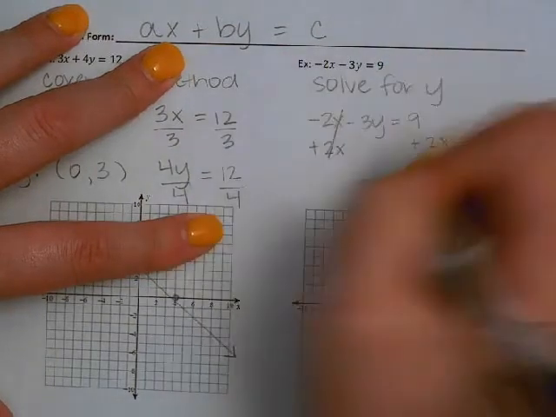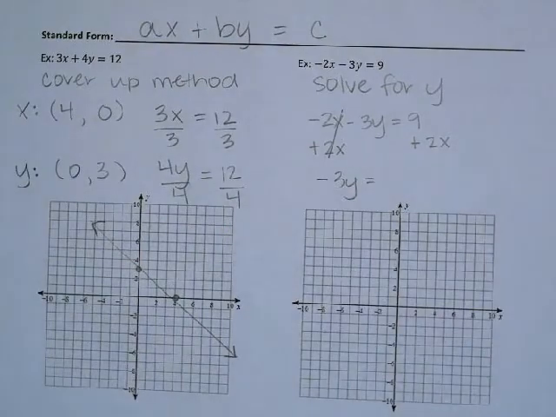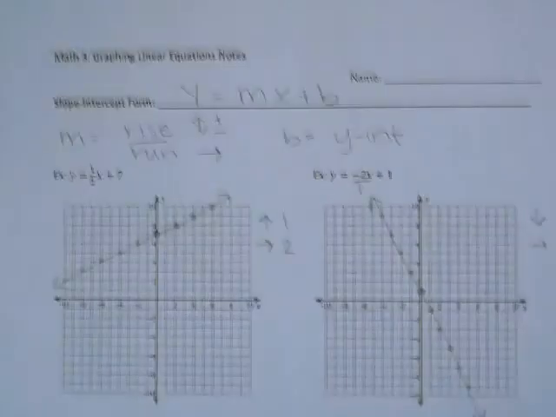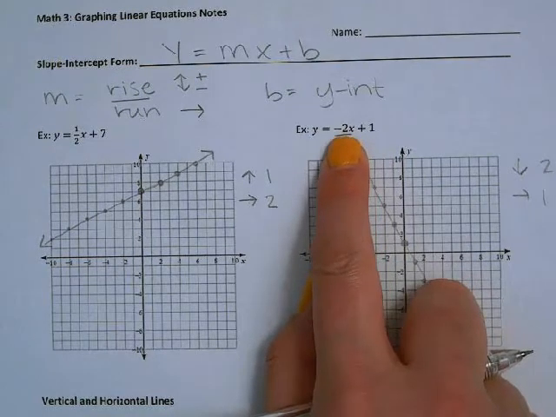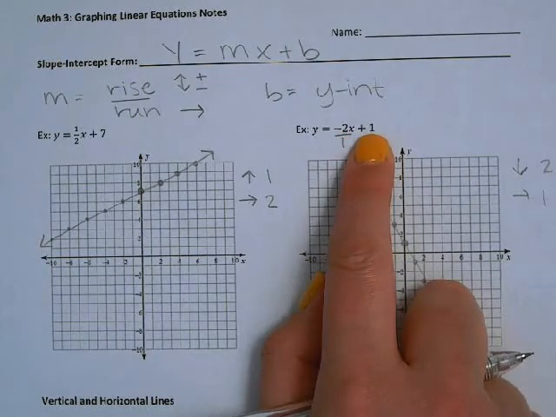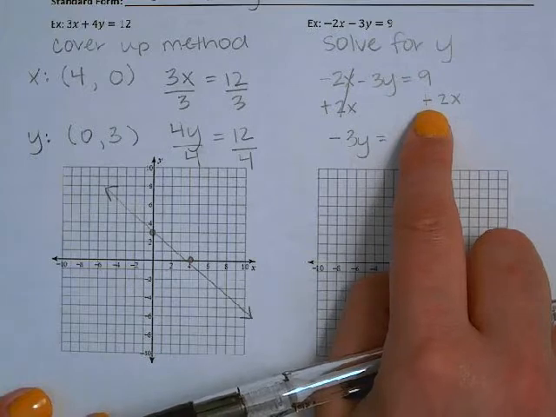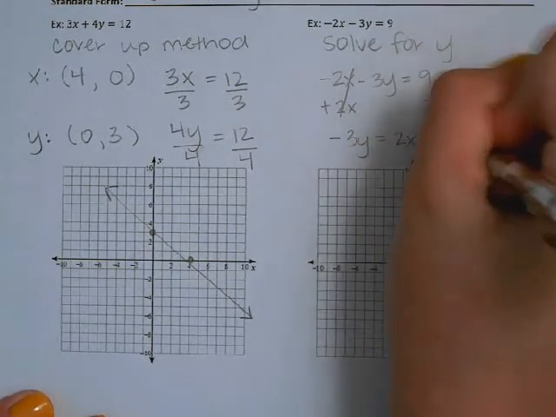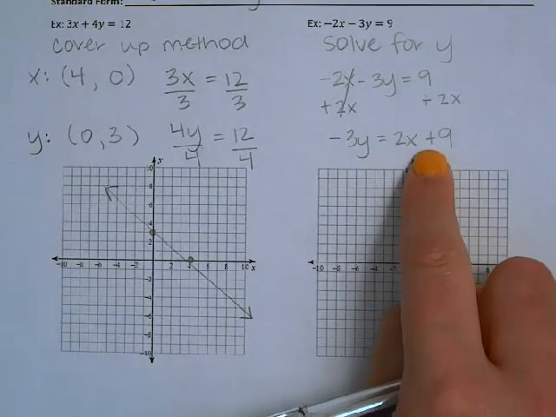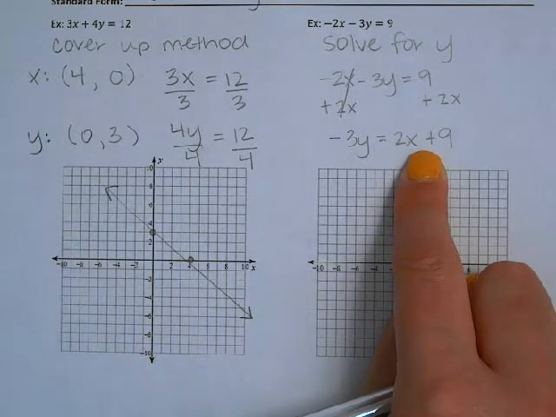So that gives me negative 3y equals, and then since I know that I want it to look like the other side of the sheet, that means that I want the x to come first and the number to come second. So I have a 2x and a 9. They cannot be combined. They're not like terms. The x needs to come first. The number needs to come second. I put plus 9 because the 9 itself is positive, and so it needs the plus in front of it.